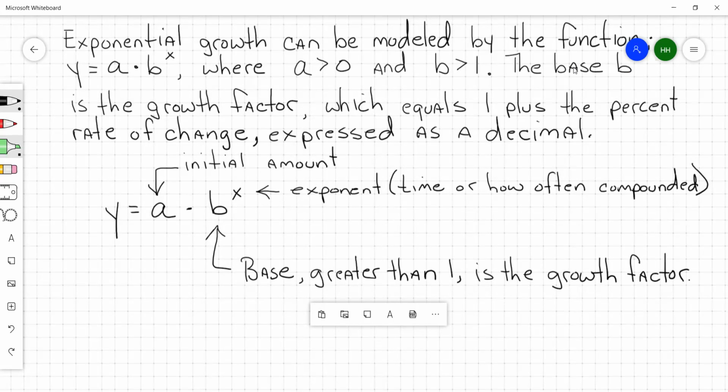When people put money in the bank, they like to know how much money they're going to have after a year or 5 years or 10 years based on the interest rate that the bank is paying.